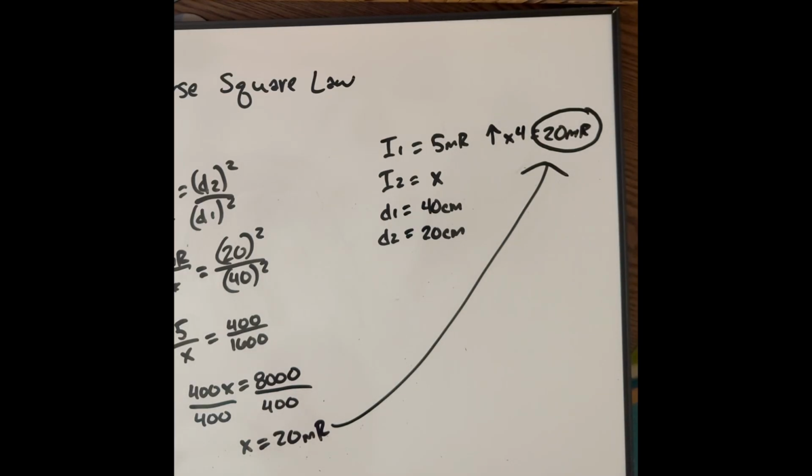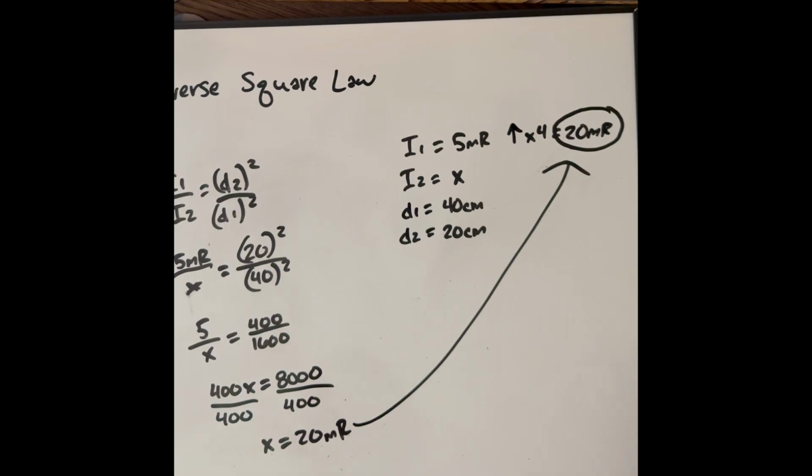You can do the rule of thumb if you see that our distances are exactly 1/2 of each other or exactly double of each other, or you can work the math out, whichever you prefer. Now, we did one where we got closer. Let's do one where it gets further away.